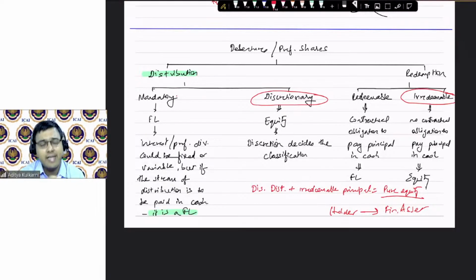It is purely based on the characteristics of cash flows or characteristics of equity issues, which I'm going to come to today. So for me as a holder, I have invested in an instrument which is exhibiting equity characteristics. So therefore, it becomes a financial asset for the holder.